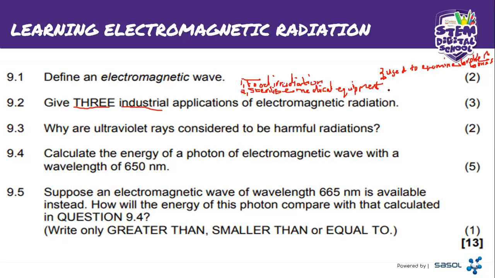Another important use, my dear learners, of electromagnetic waves is that in banks, it is used to detect counterfeit notes. Right, and we can give more and more in the industry altogether. So I will just write this down, it is used to detect counterfeit notes.